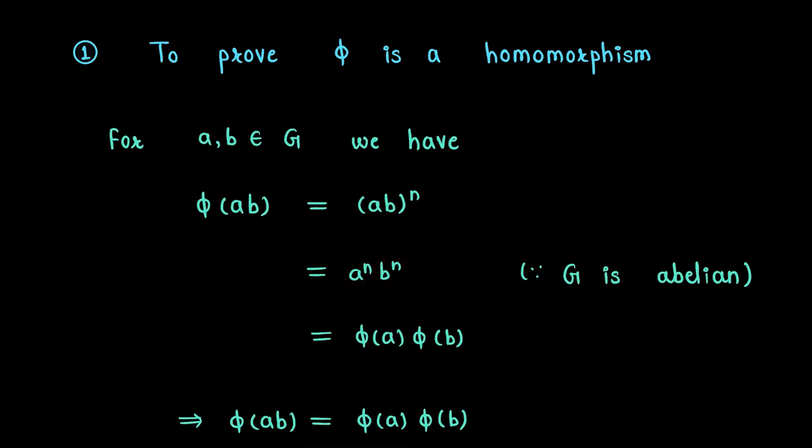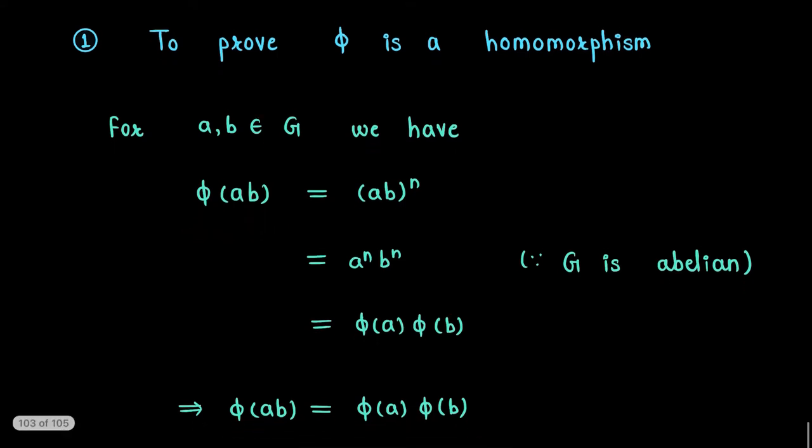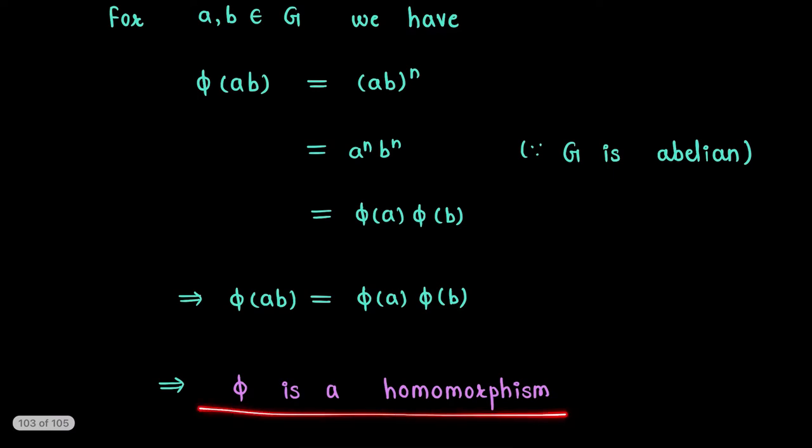We have proved this result in one of my previous videos. You can check that, the link is given in the description. Now a to the power n is phi of a and b to the power n is phi of b. So we get phi of ab is equal to phi of a times phi of b, and therefore phi is a homomorphism.